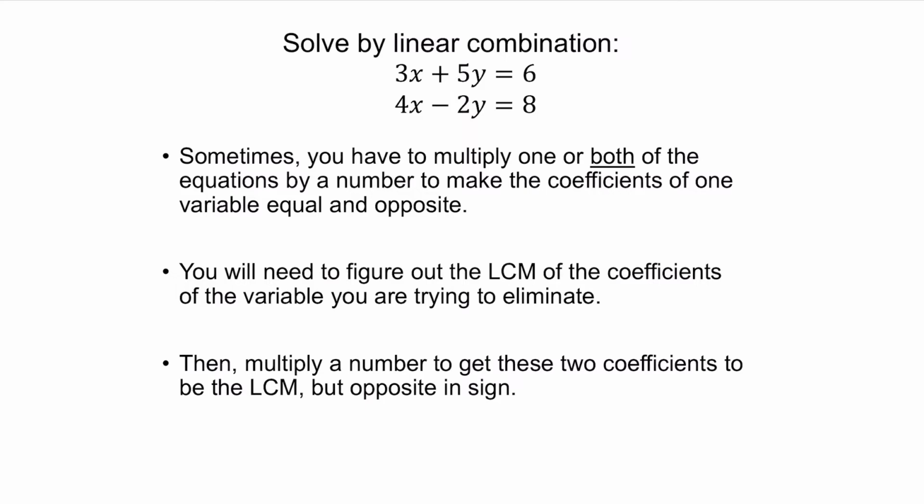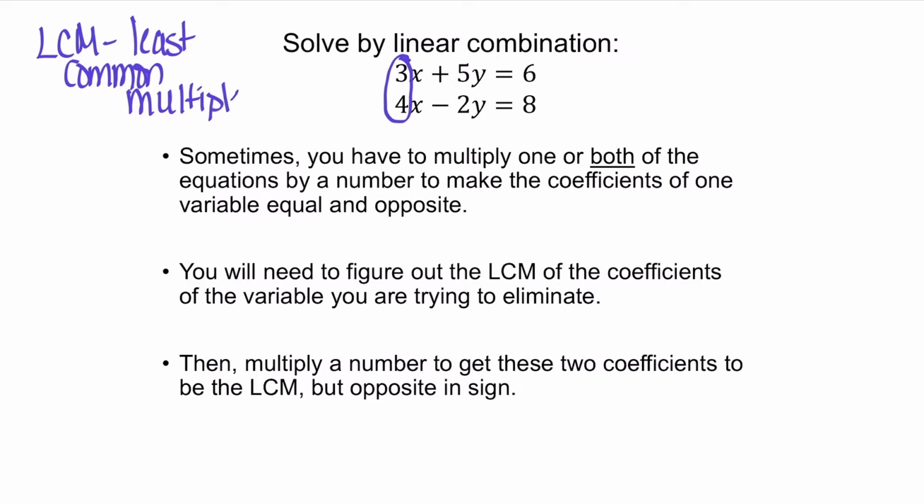So for example, in this problem, if I was trying to eliminate x, I would figure out the LCM of 3 and 4. Remember that LCM is the least common multiple, right? So you look at all the multiples of the two numbers and you figure out the least common one.